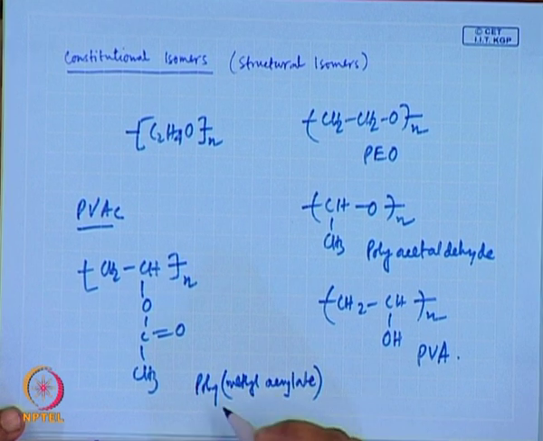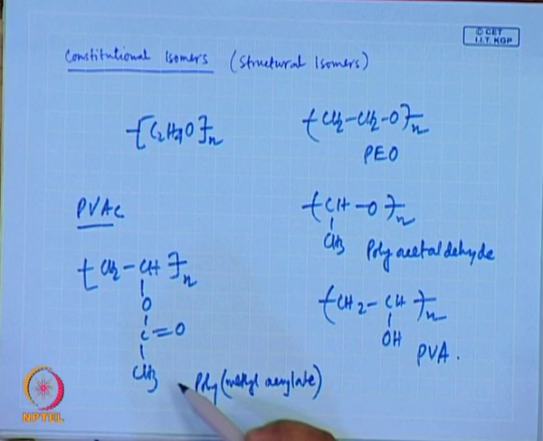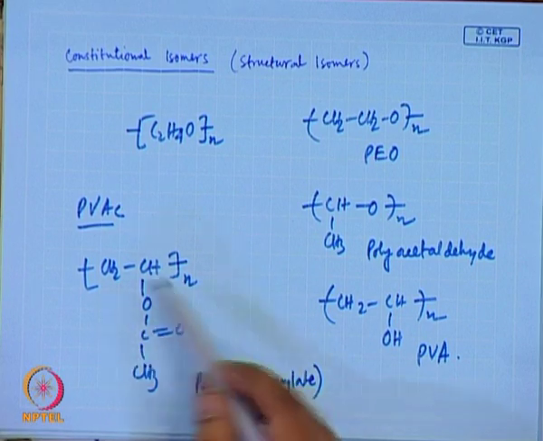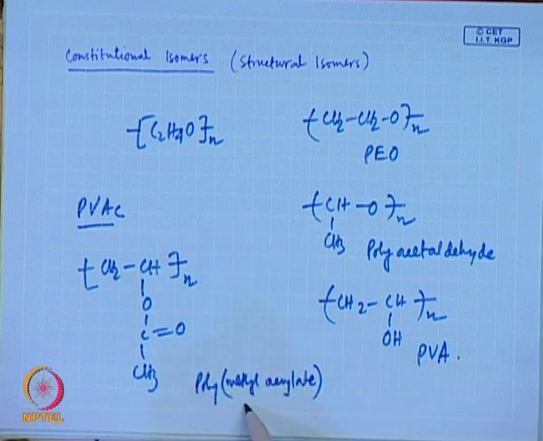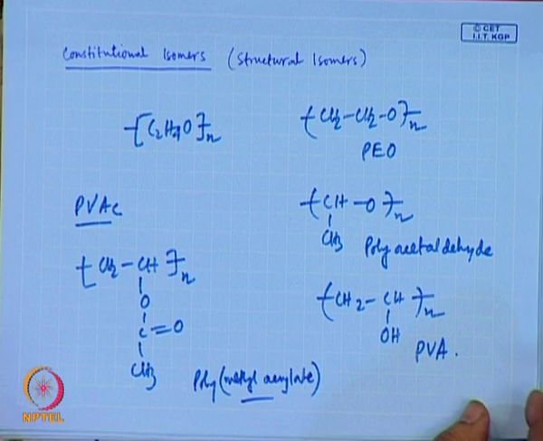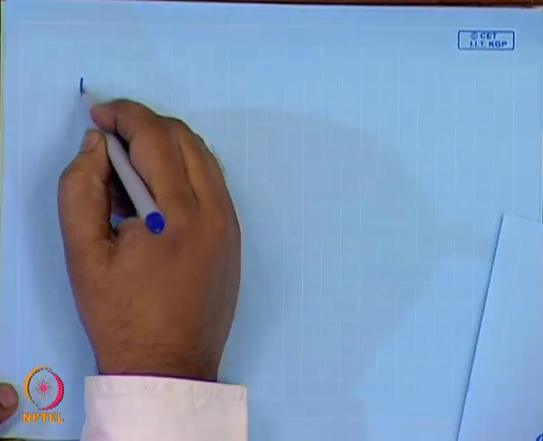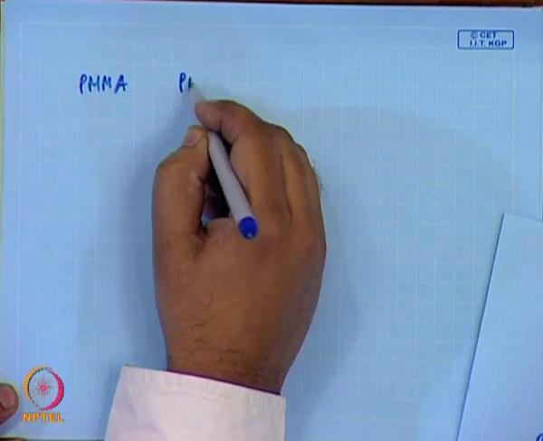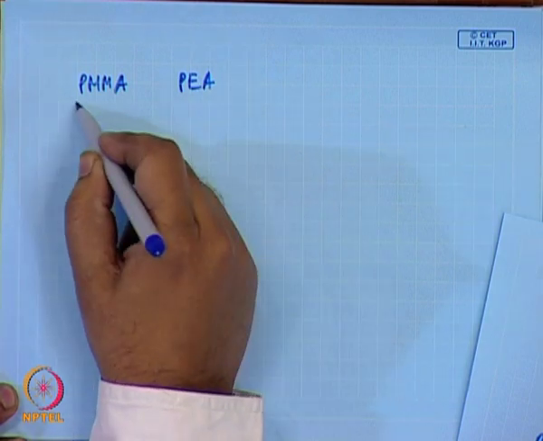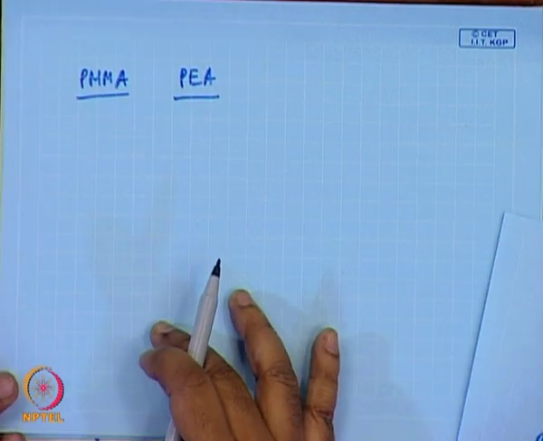You can write down the structure yourself and find out that this has the same molecular formula as polyvinyl acetate. We can give other examples like PMMA, polymethyl methacrylate, and polyethyl acrylate. They are all examples of structural isomers.